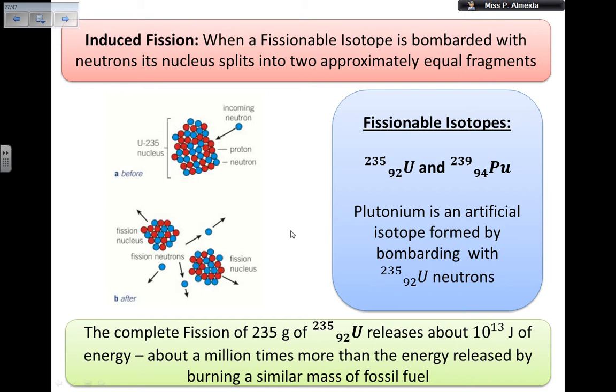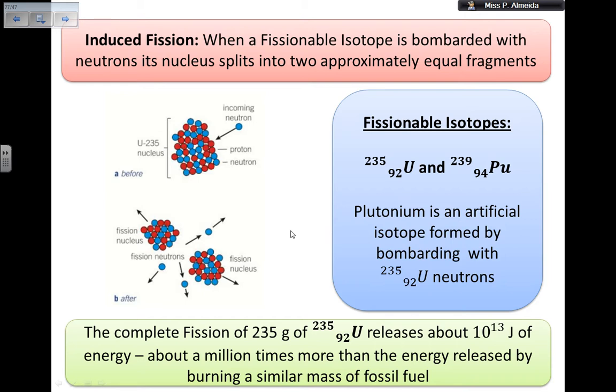So that's going to be about 1,000,000 times more than the energy that I release when I burn a similar mass of fossil fuel. So that's why people are using these isotopes in nuclear power stations, because it does give a lot of energy and it can meet the global demand that is increasing.